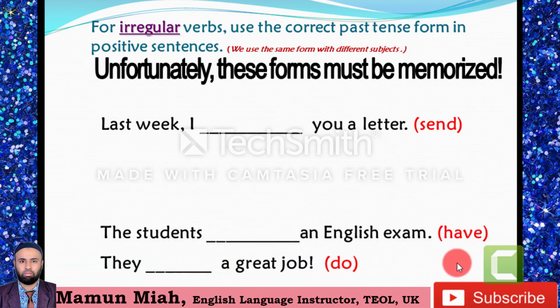Another sentence, look, the students blank an English exam. They blank a great job. Here three verbs are irregular verbs. That means these three verbs won't be used in a sentence in past form with the sound d.